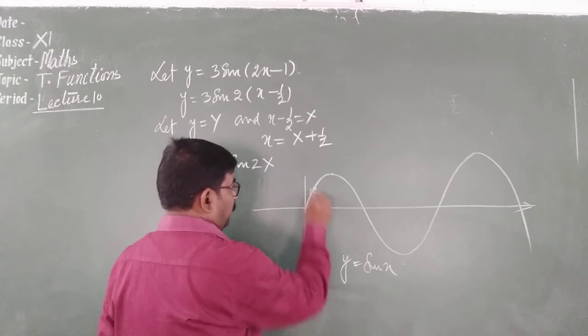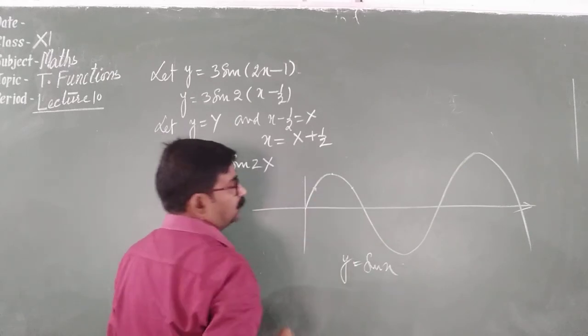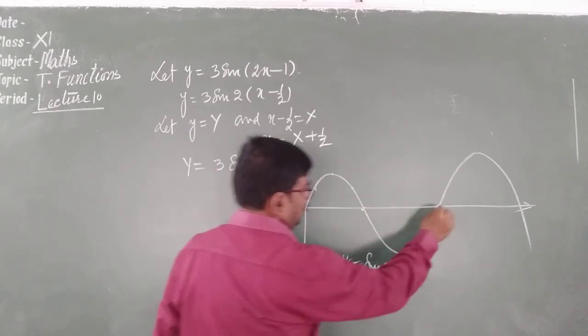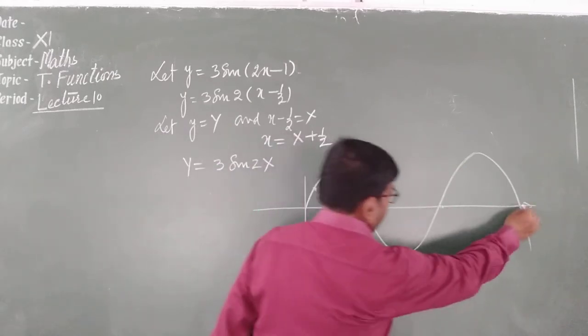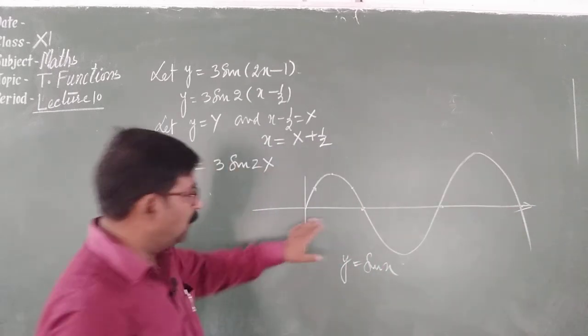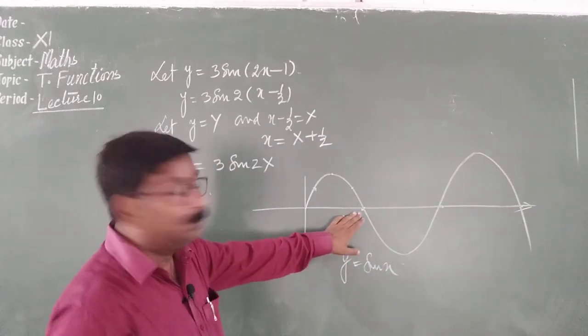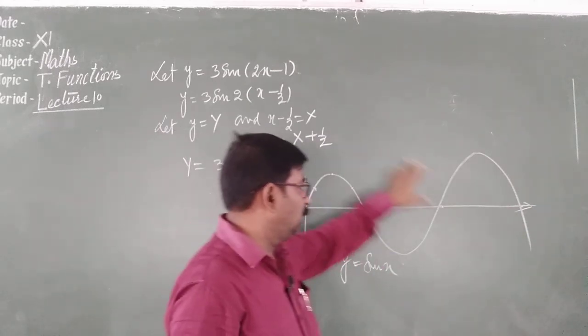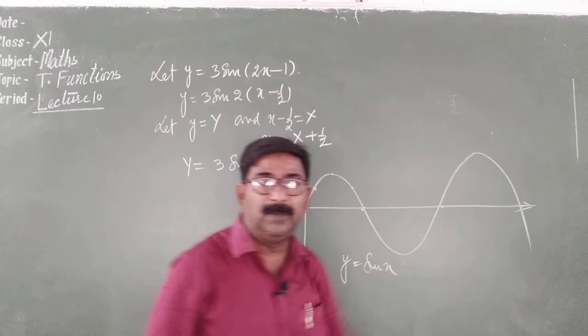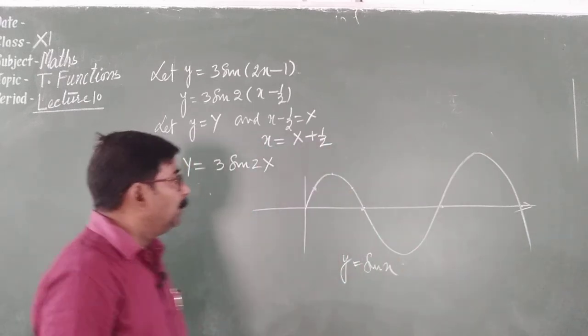Suppose this point you take, so its image is here. If you take this point, its image is here. If you take this point, its image is here. So at several points it is becoming 0, then maximum, then 0, then maximum, then 0 and minimum, and so on.